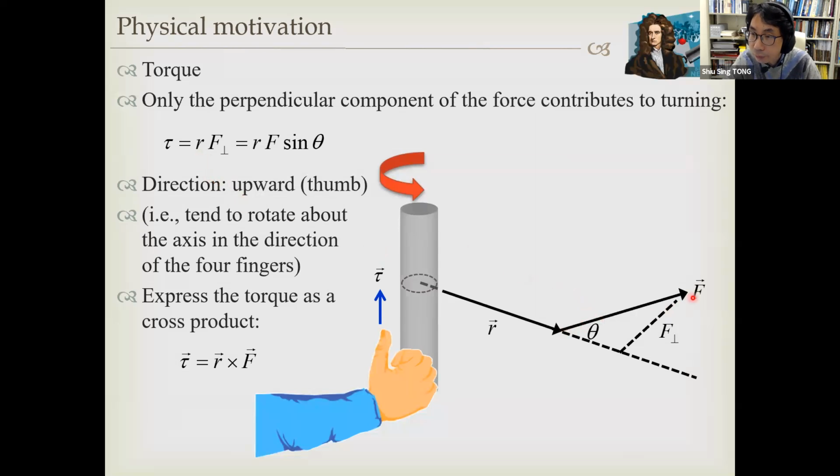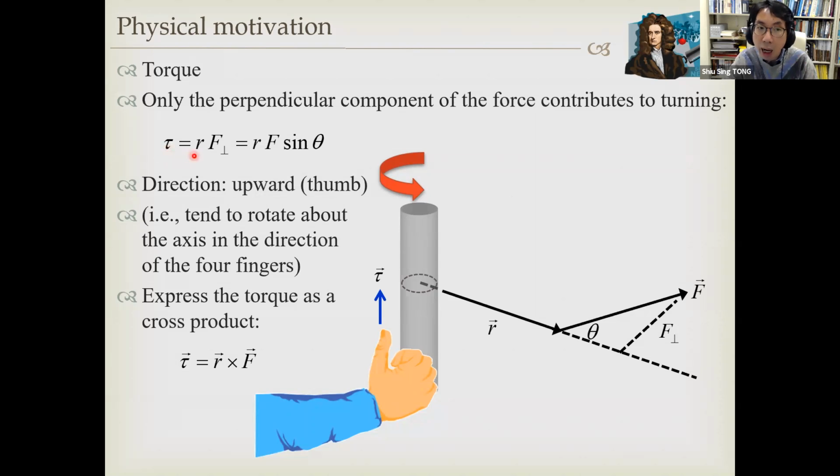Well, I first resolve the force into the perpendicular component, F perpendicular, that is perpendicular to R. It is this component that causes the torque, right? The parallel component does not cause a torque. So the perpendicular component is given by F sine theta, and I multiply by the distance R to get the moment or the torque.